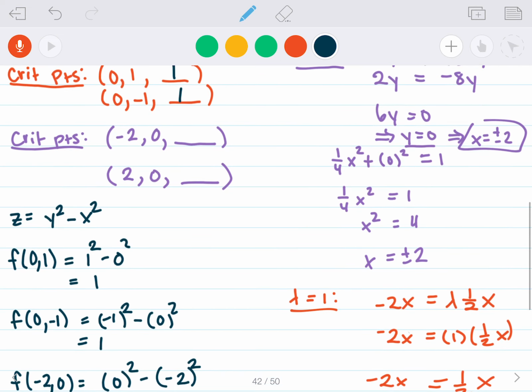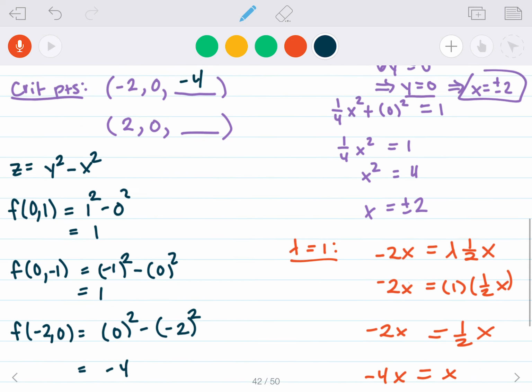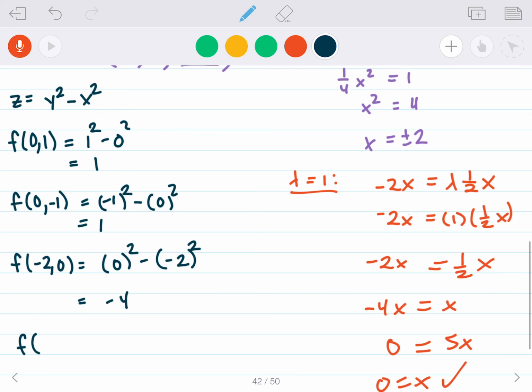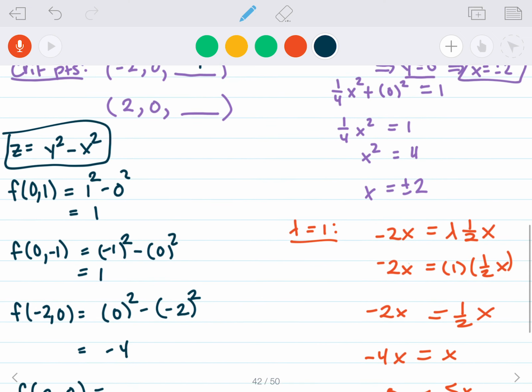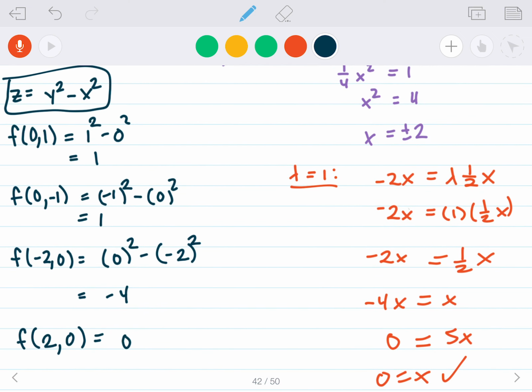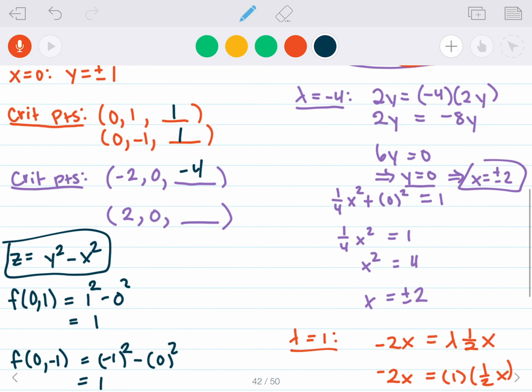Okay, so that's negative 4. And then if I finally plug in 2, 0 into my function up here, I get 0 squared minus 2 squared is also equal to negative 4.